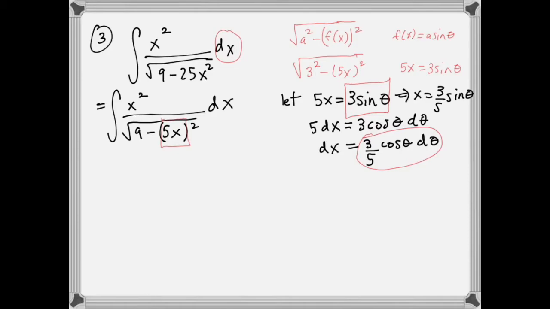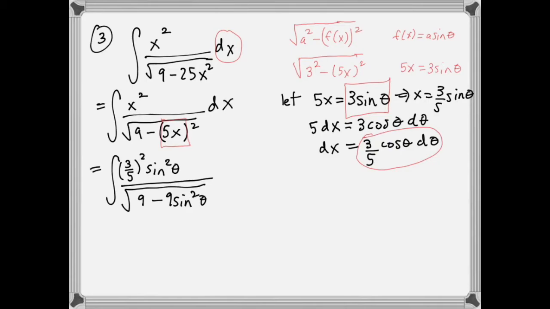Okay, so let's see what happens. We end up with, now x is going to be 3/5 sine theta, right? So I have 3/5 squared sine squared theta over the square root of 9 minus, remember 5x is 3 sine theta, so it's going to be 9 sine squared theta. And then my dx is another 3/5 cosine theta d theta.